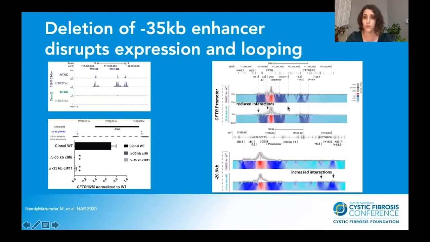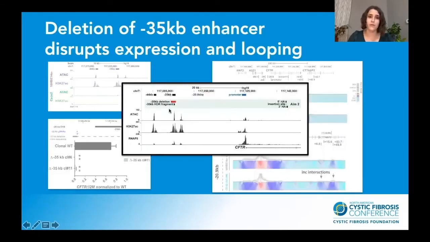In the deletion cells, though, we have changes in these interactions. The promoter is losing interactions with the 5' TAD boundary and the sites around the enhancers, whereas we have increased interactions with minus 20.9 kb and the 3' TAD boundary upon deletion of minus 35.